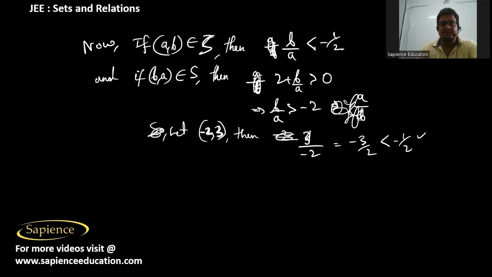So this (minus 2, 3) will belong to the set S, but (3, minus 2) will not belong to the set S.